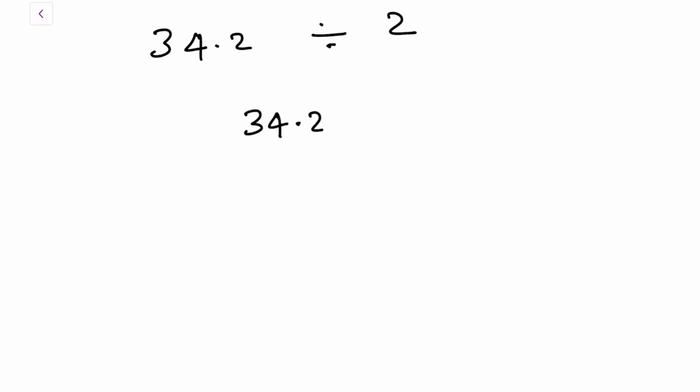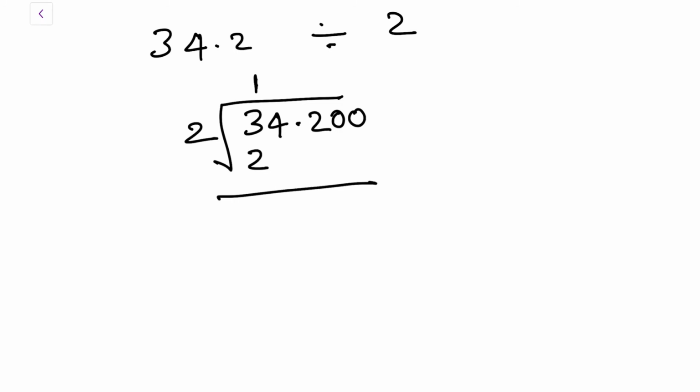34.2 divided by 2. Alright, so 2 ones are 2. Remember, you can always give 2 more zeros so that you can write it as a decimal number with 3 decimal places. Alright, so 2 ones are 2, 3 minus 1 is 1, 4 comes down, 2 sevens are 14, 14 minus 14 is 0. Now before you bring the tens place down, what do we do?